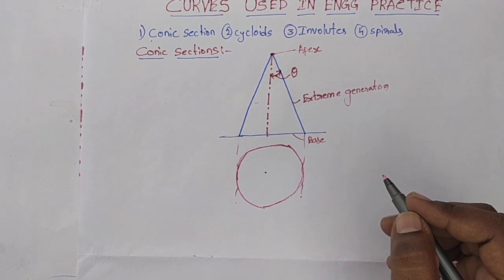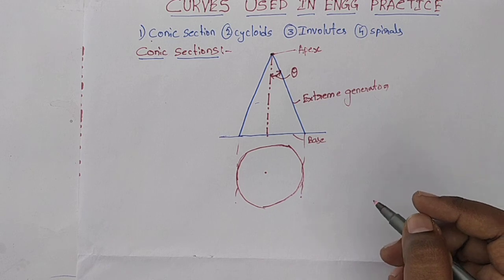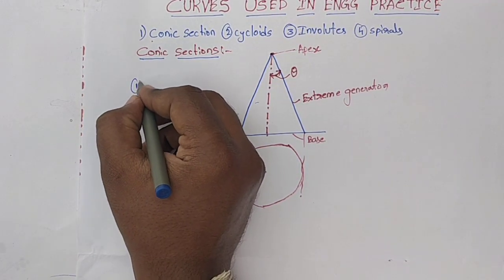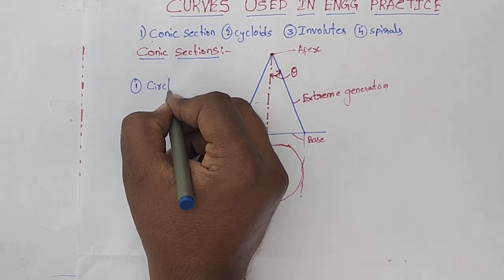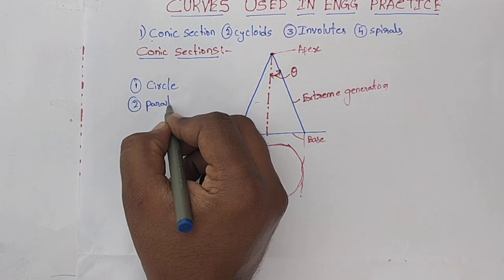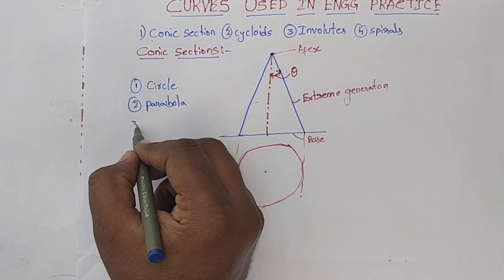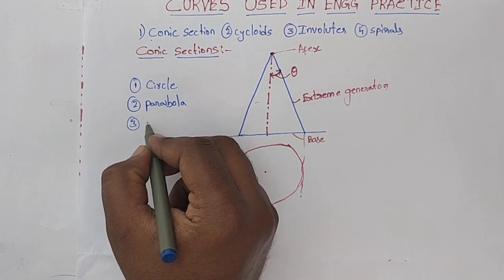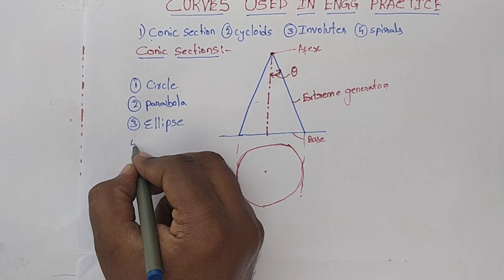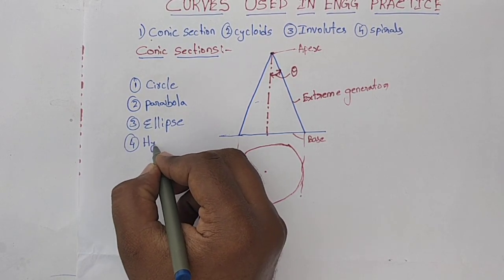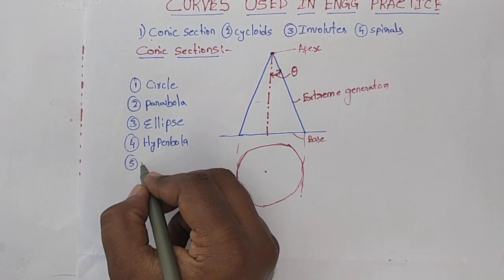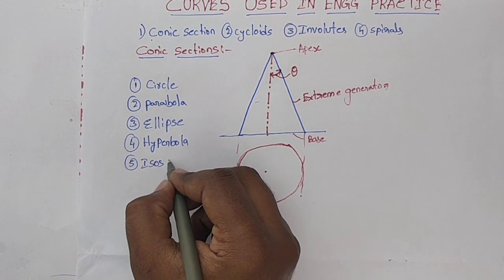We get different curves: first one circle, second one parabola, third one ellipse, fourth one hyperbola, and fifth one isosceles triangle.